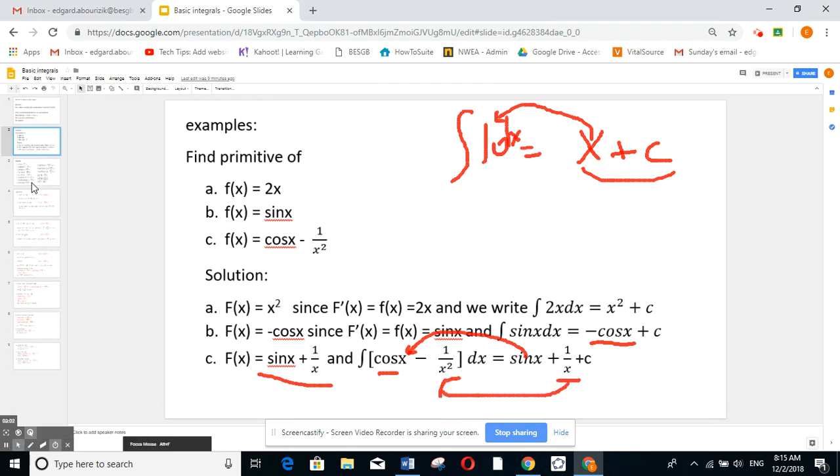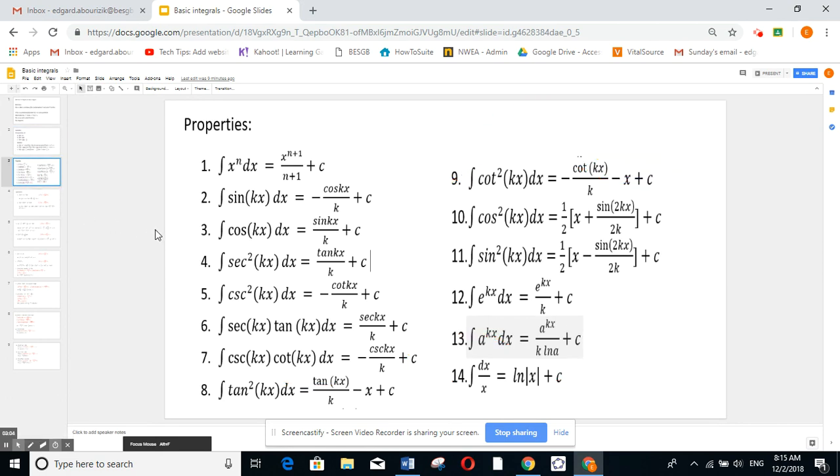We're not going to move this way. We have properties we need to memorize. These are all the properties of the integral. These are all trigonometry. If you derive the answer here, you get what is inside. This is the main important property, and we're going to use it a lot here and in the chain rule: the integral of x to the n is x to the n plus 1 over n plus 1.